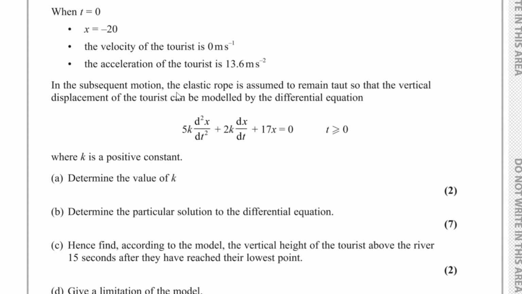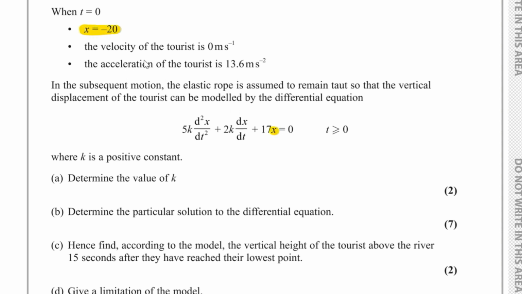In the subsequent motion, the elastic rope is assumed to remain taut so that the vertical displacement of the tourist can be modelled by the differential equation 5k lots of d squared x over dt squared plus 2k lots of dx over dt plus 17x equals 0, where t is greater or equal to 0, k is a positive constant, and we have to determine the value of k. Well, we know already x is equal to minus 20.